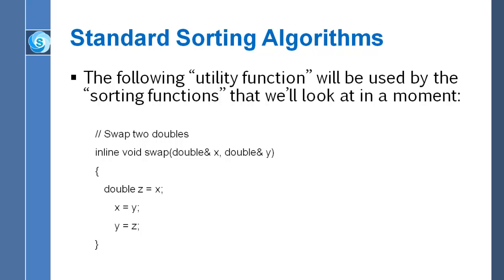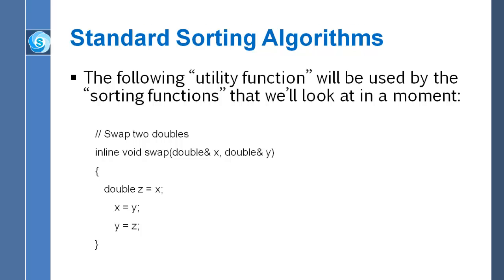Okay. The ampersands on double here mean that we're passing data to the swap function by reference. And what that means is that we're not really passing the values, we're not passing by value, but we're really passing the addresses of some data.